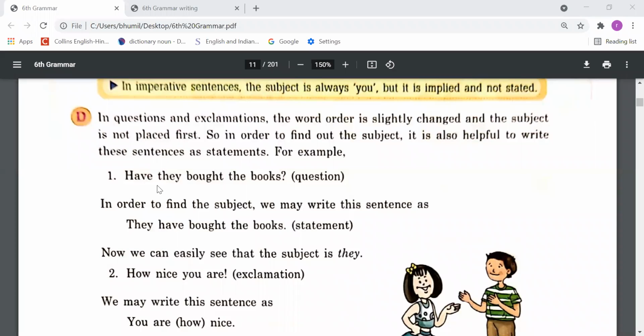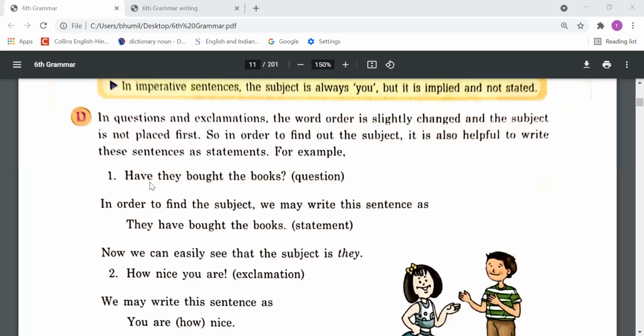So to find out the subject, we should write that interrogative sentence in assertive formation. In order to find the subject, we may write this sentence as: they have bought the books. The statement. Now you can see that they is the first word and that is the subject. But in the interrogative formation, you can't say that the first word is the subject.